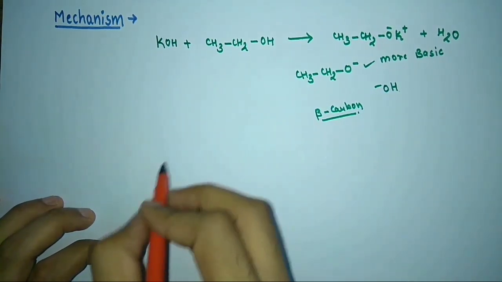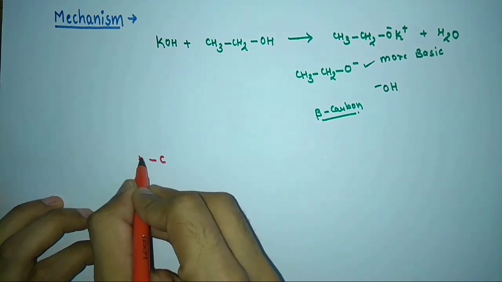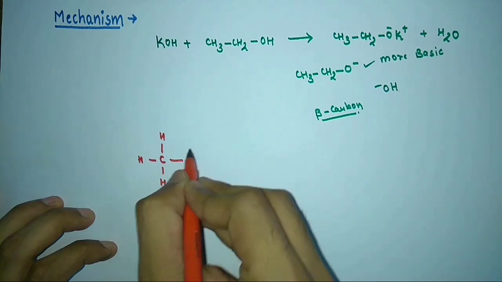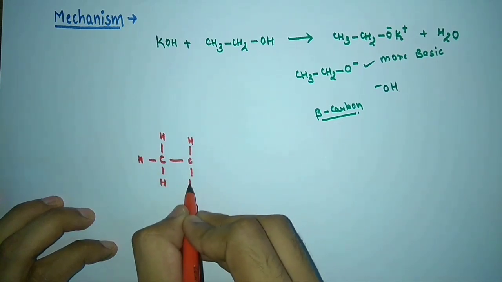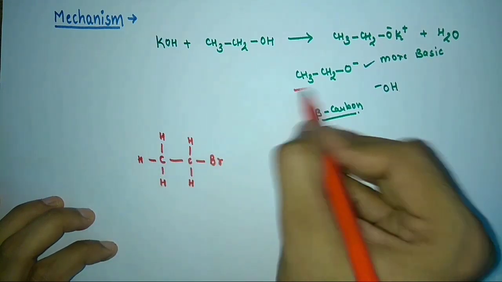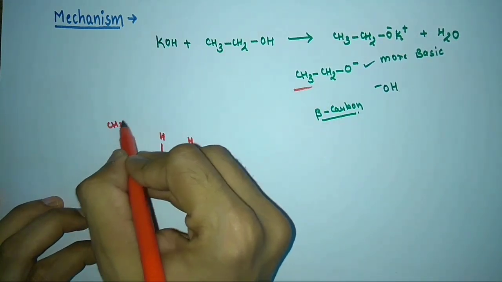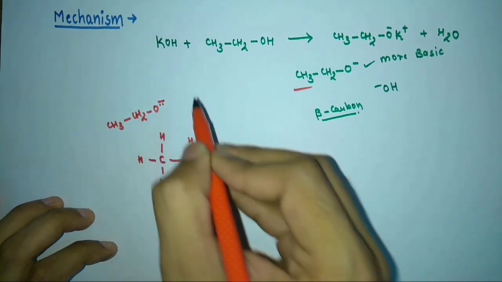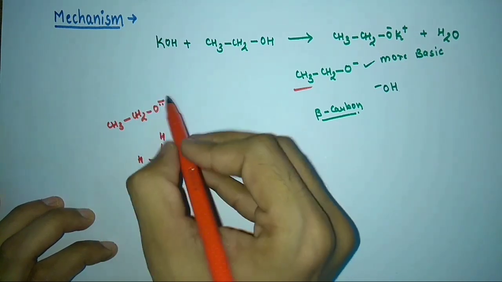Hence what will happen? This was our compound, our reactant, and this is the ethoxide ion, CH3CH2O minus.